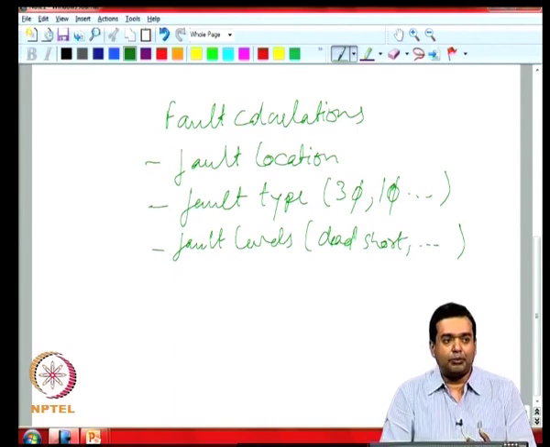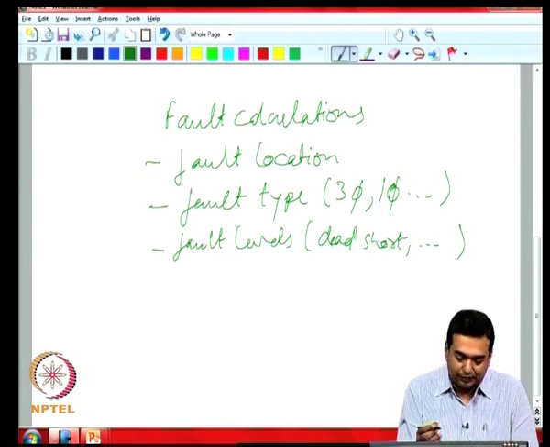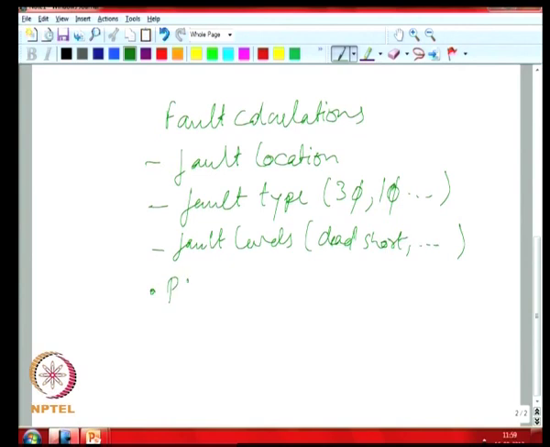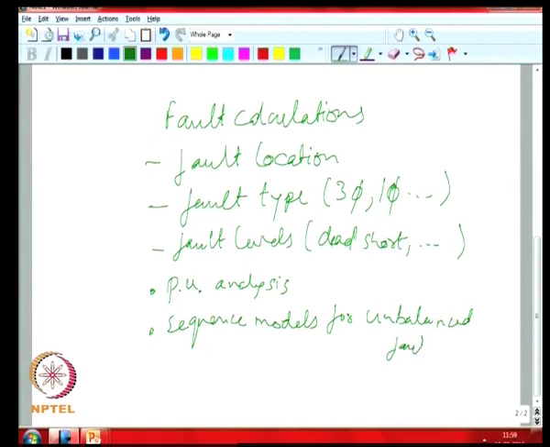One is per unit analysis, where you look at the different components on a normalized basis and then evaluate what the fault currents are, and to look at situations of unbalanced faults, you will essentially use sequence models. Both aspects are important.